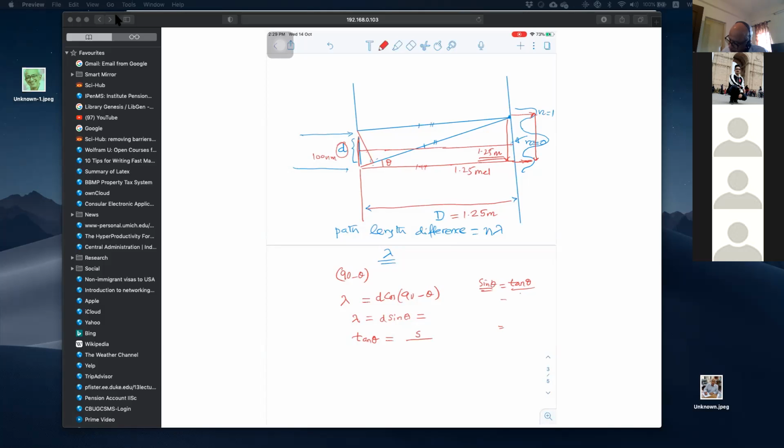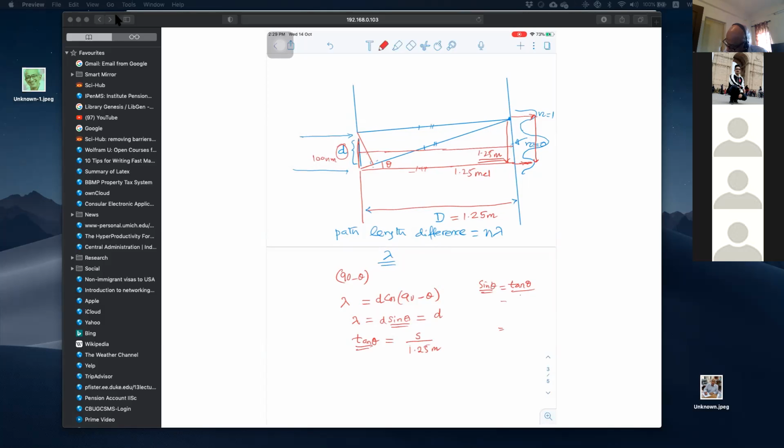Tan theta is opposite side by adjacent side. Opposite side is equal to S, and the adjacent side is 1.25 meters. Is that fine? And therefore d sine theta is actually, because sine theta is approximately tan theta, and tan theta is S divided by 1.25 meters.